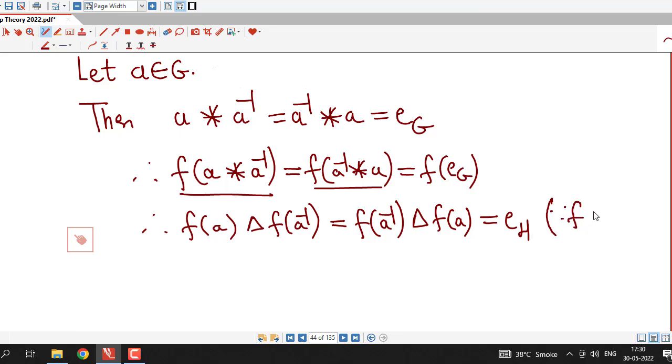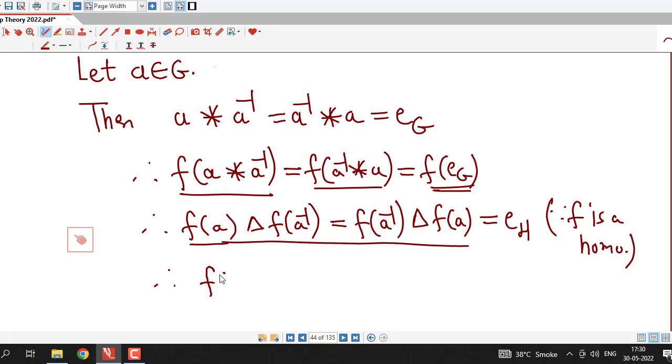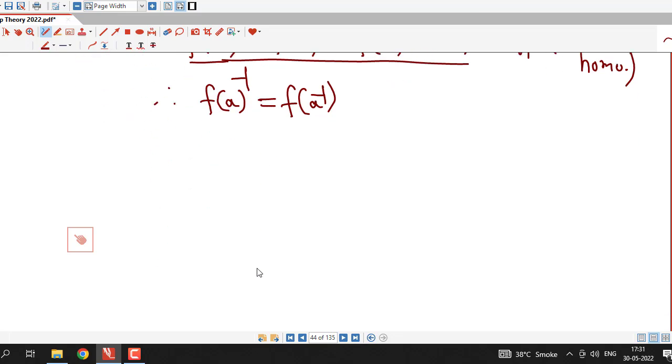So here we are using that f is a group homomorphism, and we have proved this part. If f is a group homomorphism, f(e_G) equals e_H. So now by the definition of inverse, from this we can write that the inverse of f(a) equals f(a⁻¹).